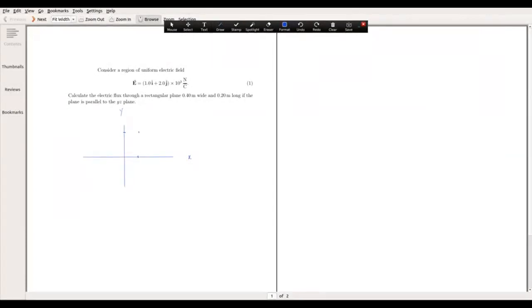So that's your vector E that we have. But electric field is a field and not just one vector. So we have a uniform electric field, which means we will have something like this.